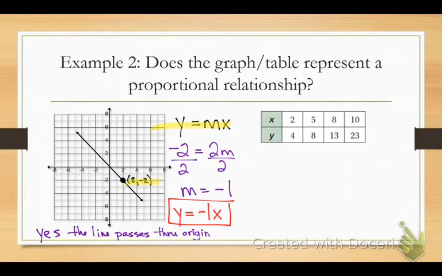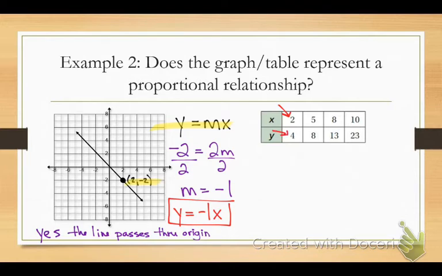All right, now let's look at the second one. When you have a table, this one you might find to be a little easier. Again, you have to figure out what would I multiply or divide x by to get to y?